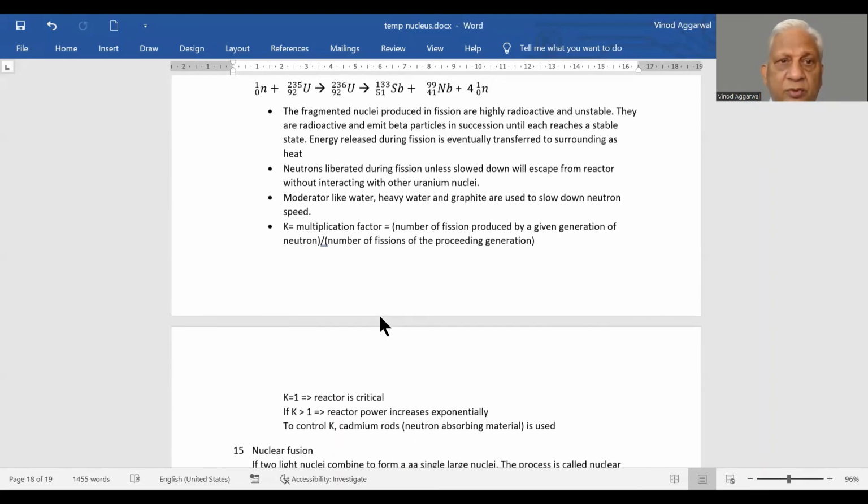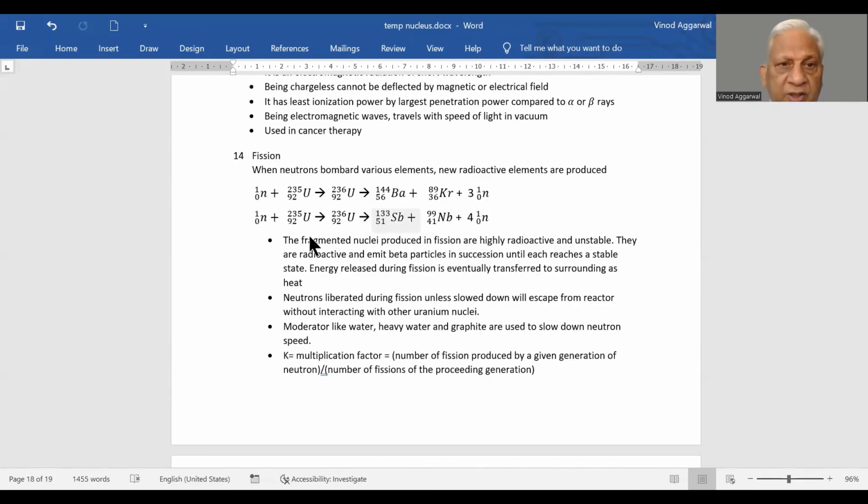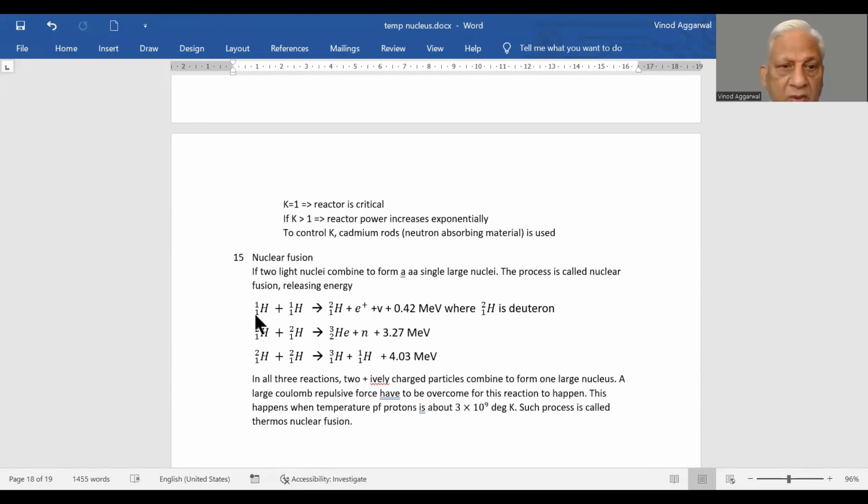Now, as opposed to fission, in which an atom is broken down into 2 smaller atoms, in fusion, 2 atoms are combined to make a bigger atom. For example, we have hydrogen with atomic number 1, atomic mass 1.